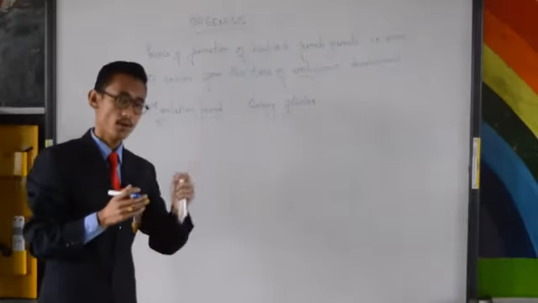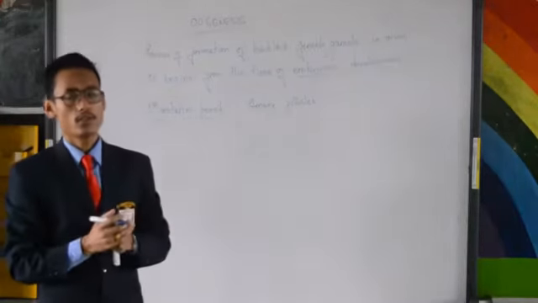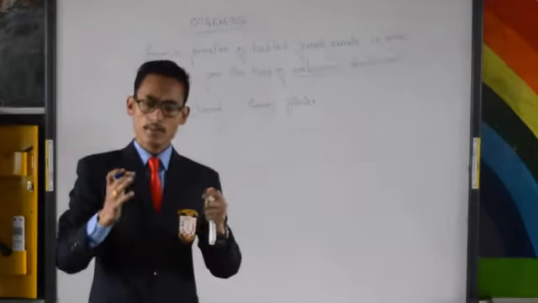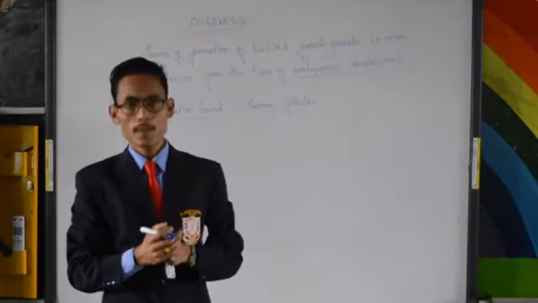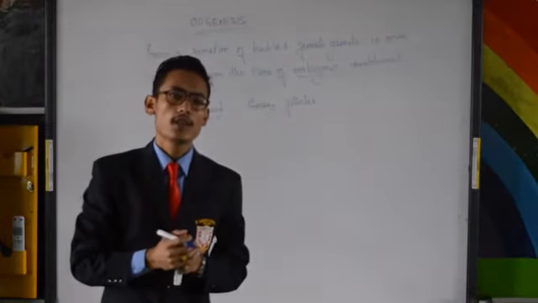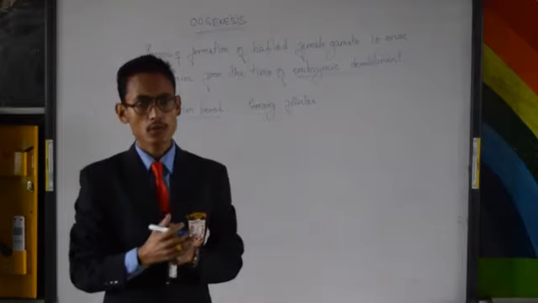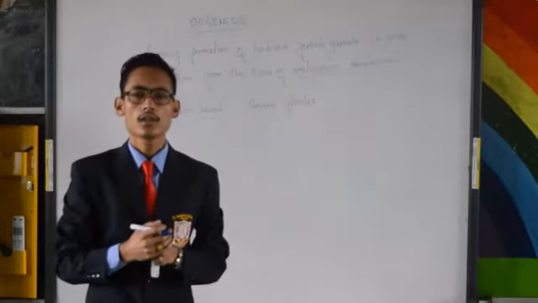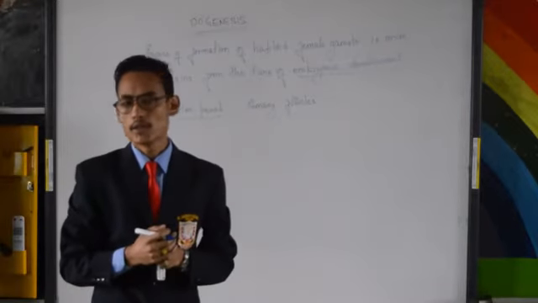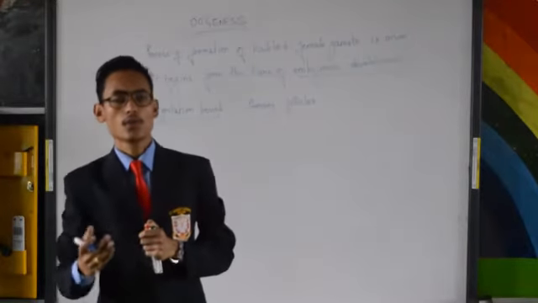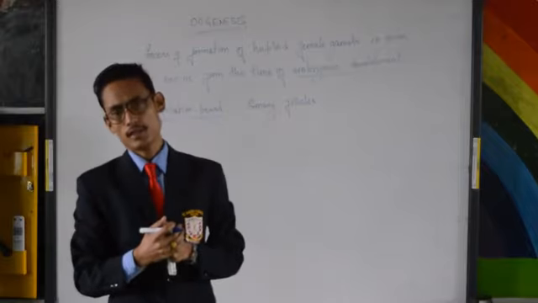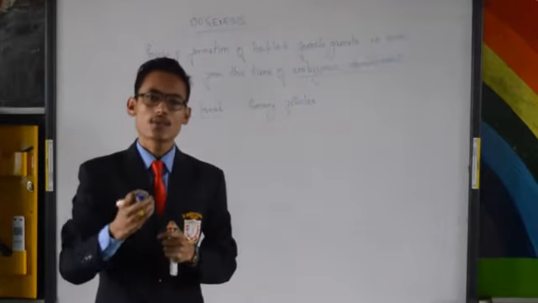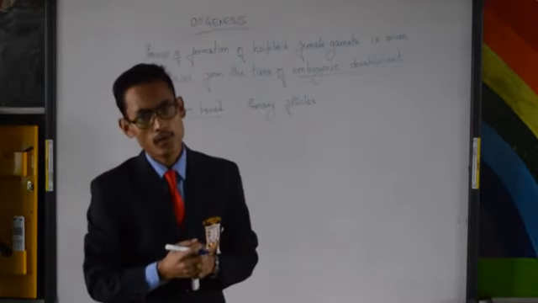Because last time we learned about the transverse section of mammalian ovary, where we learned that in the medulla part we will see the follicles at different stages of development. And what are those follicles? They were primary follicle, secondary follicle, tertiary follicle, and the mature Graafian follicle. So during the embryonic development, we will see the developing stage of follicle, that is primary follicle.